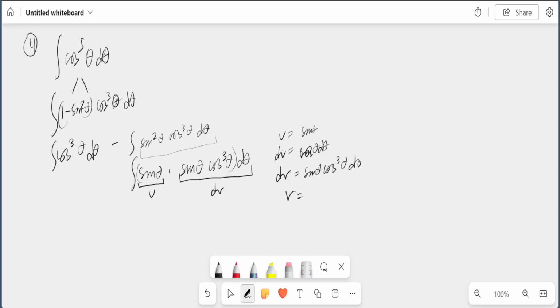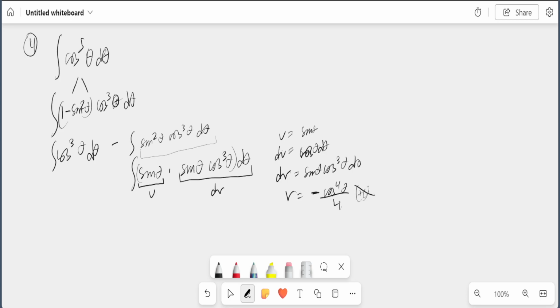V is equal to negative cosine to the fourth theta over 4, plus c, but we don't care about that.